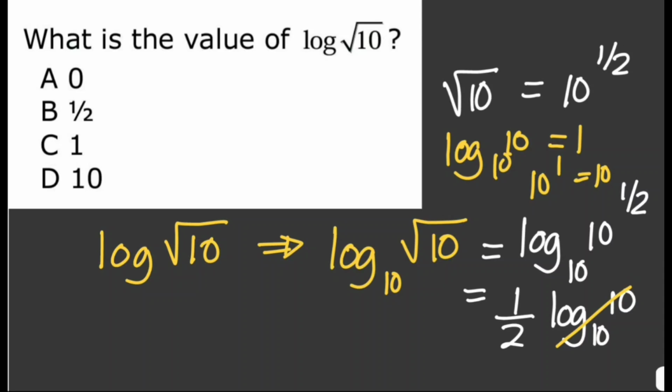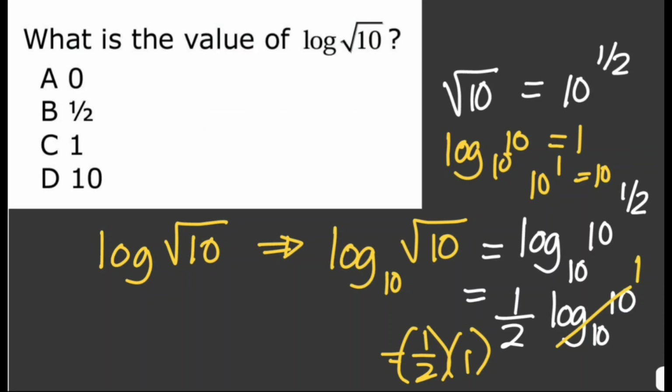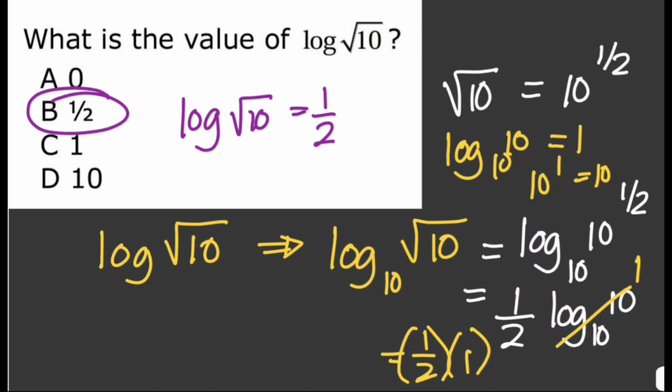Therefore, this one is equal to 1. Then we have 1/2 times 1. Therefore, the logarithm of square root of 10 is just equal to 1/2. So the answer here is letter B.